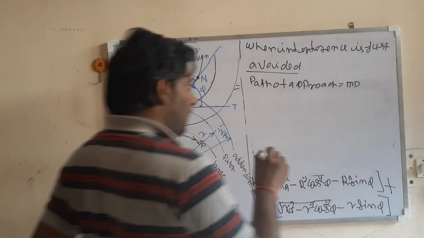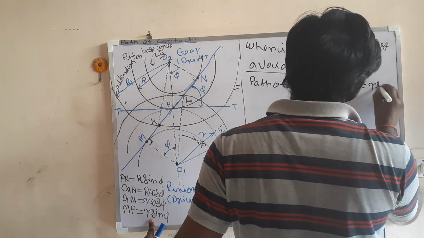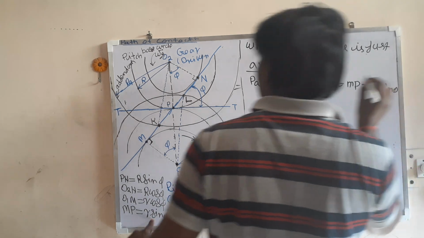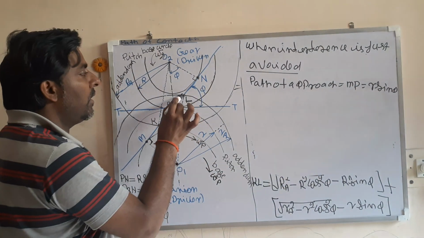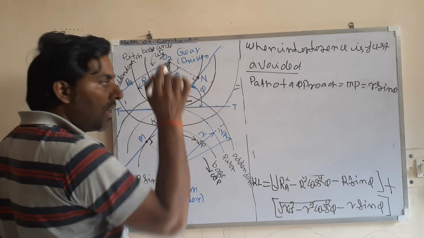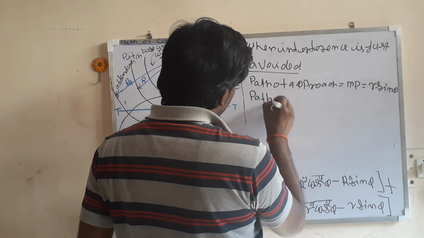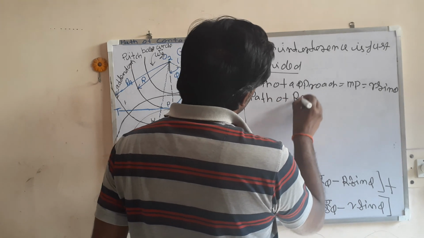This is small r sin phi. Then this end of engagement point L will be at the point N. Then this PN will be the path of recess.